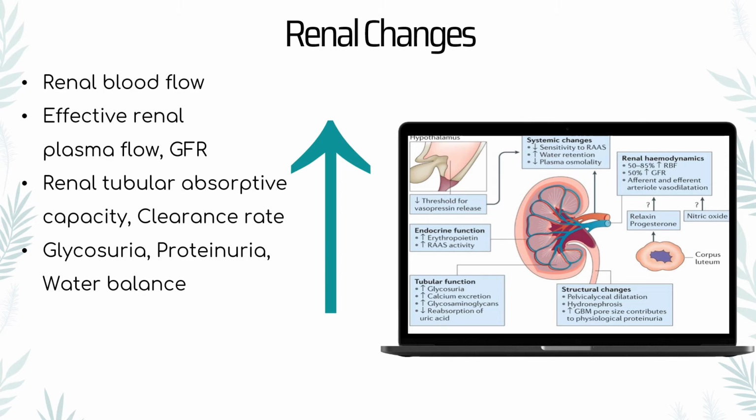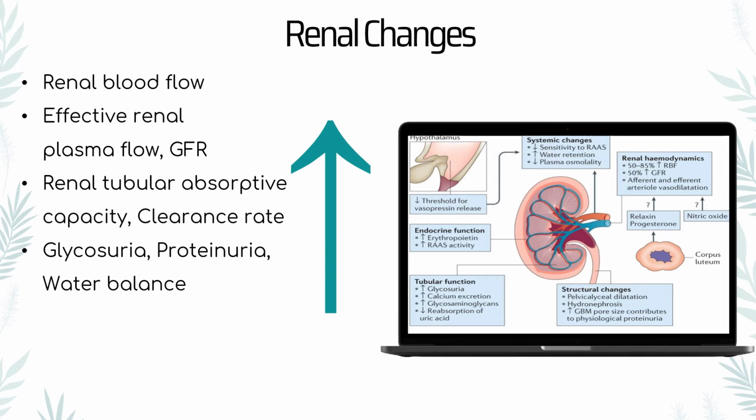Clearance rate of substances like creatinine and urea increases. So the plasma creatinine and the plasma urea levels decrease during the pregnancy. Glycosuria is a common physiological phenomenon during the pregnancy.